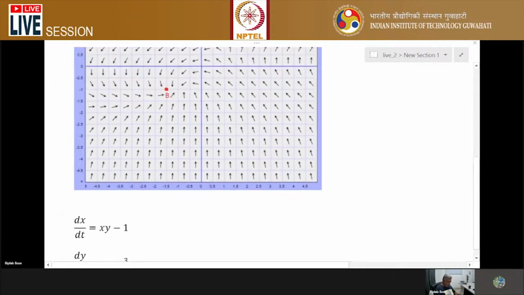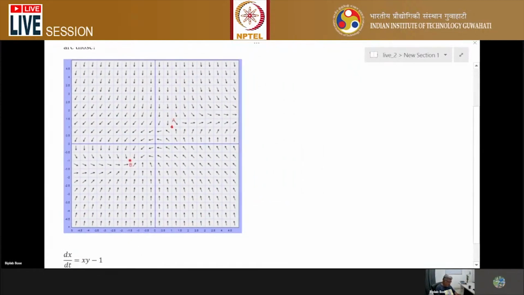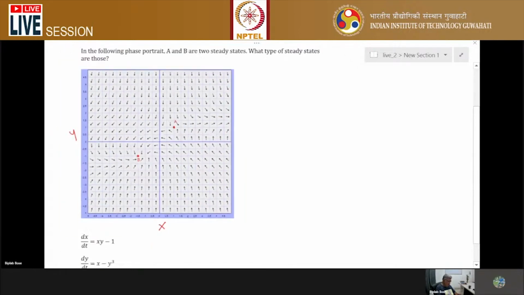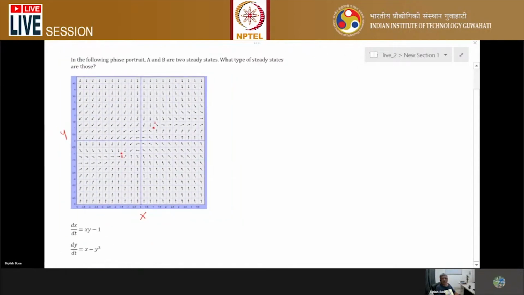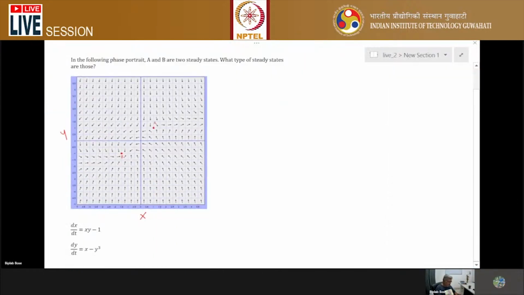So I have x and y. Let me get back to the figure first, because the figure is important for this question. I have x here, I have y here, and this is a phase plane. These arrows show how the system will evolve with time. For example, suppose at t equal to 0, I am here.